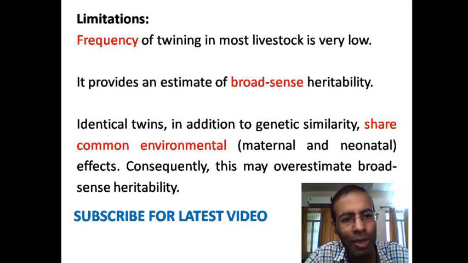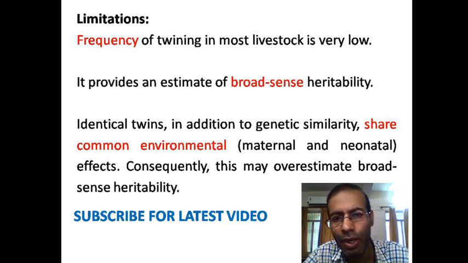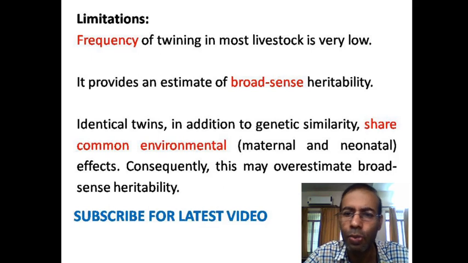The second limitation is that it provides an estimate of broad sense heritability. As I mentioned earlier, the heritability value estimated by identical twin analysis is broad sense heritability, and I discussed it earlier.